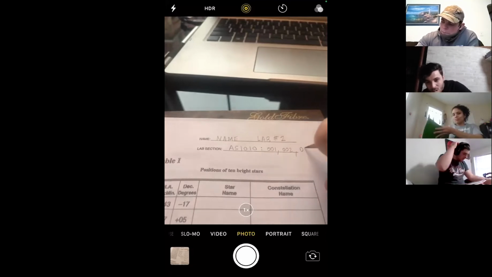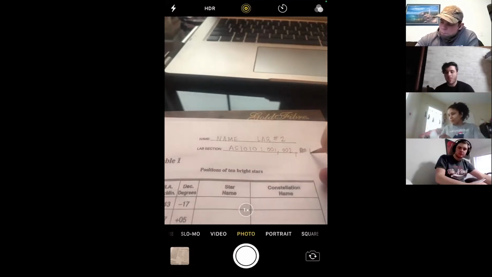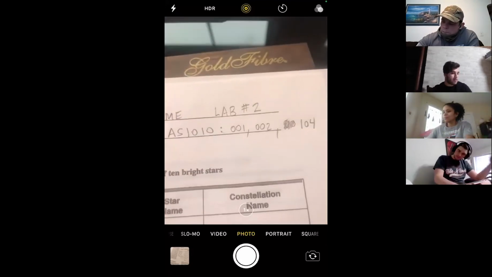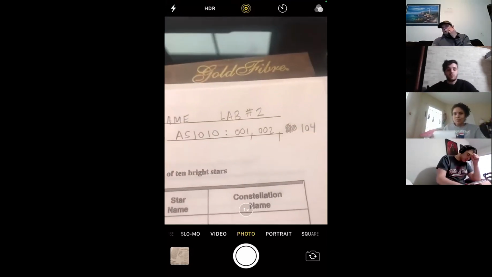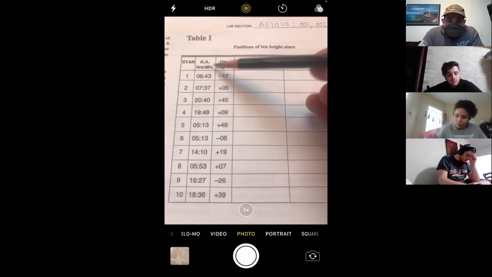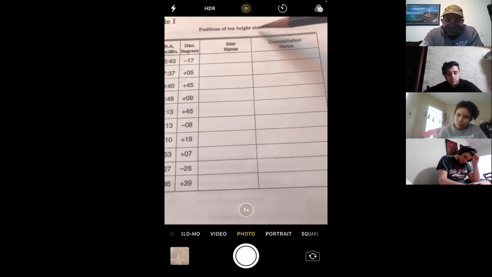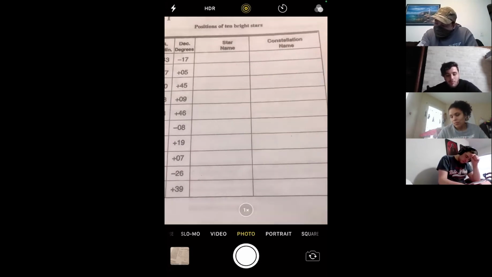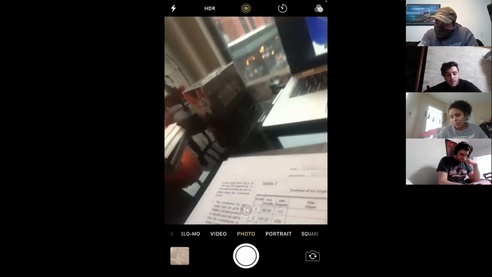You're either in 001 or 002, or sorry, the night class is 104. In table 1, they've given us the right ascension and declination of the 10 brightest stars in the sky. Our job is to find their names and to find the constellation that they're in.